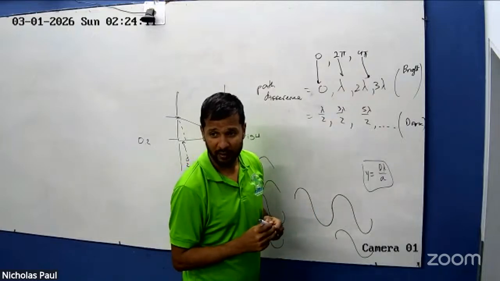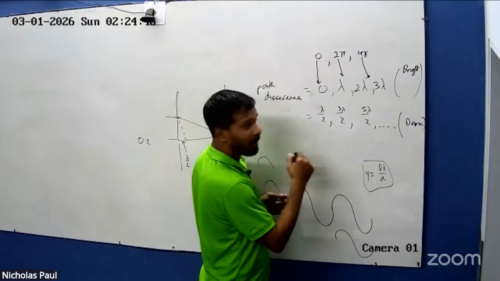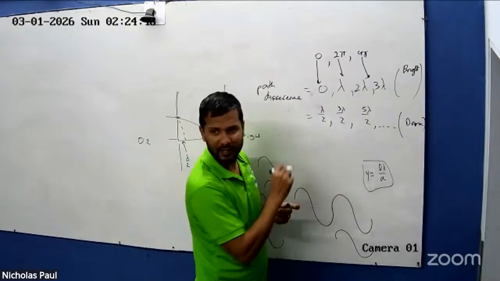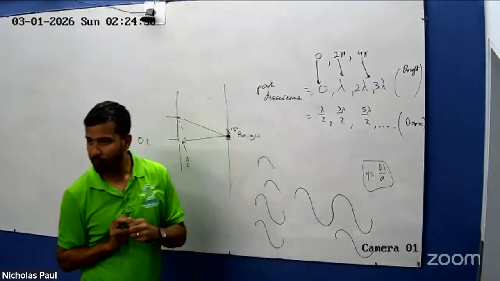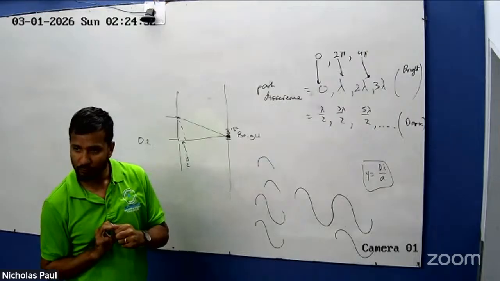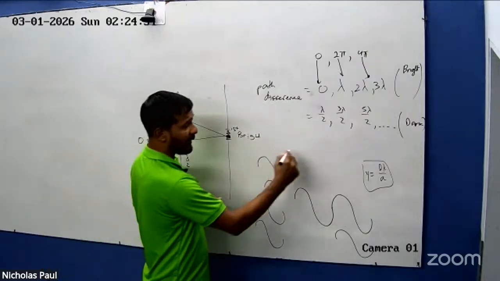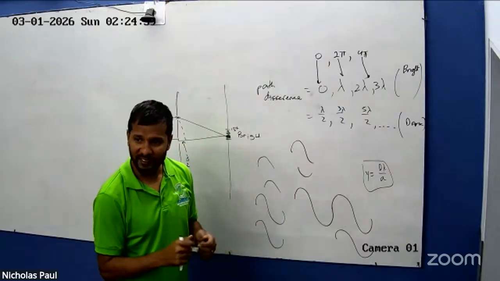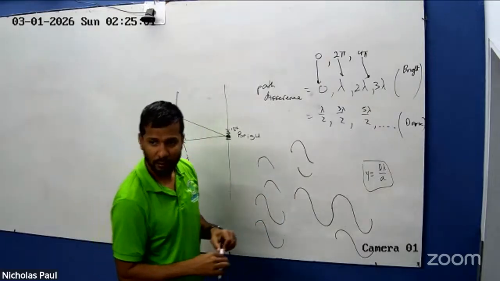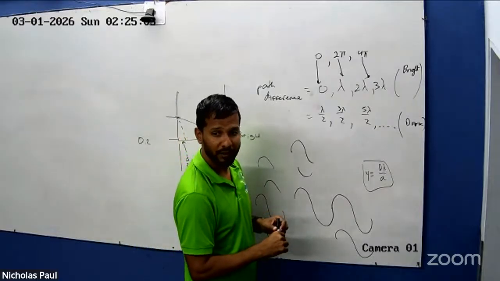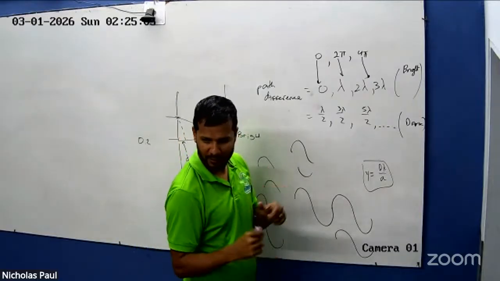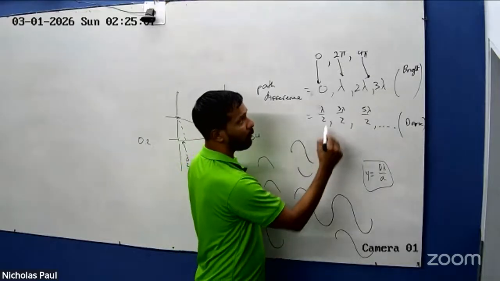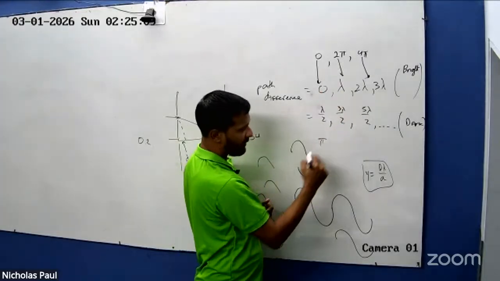That's okay? Joseph, that will occur when the waves are out of phase, right? And when a crest meets a trough, that's out of phase. What's the phase difference there? When a crest meets a trough, it will be half of that, pi.